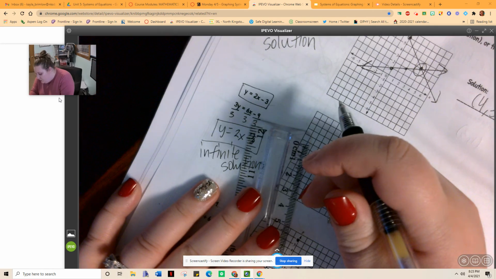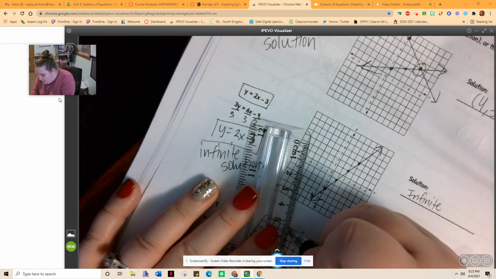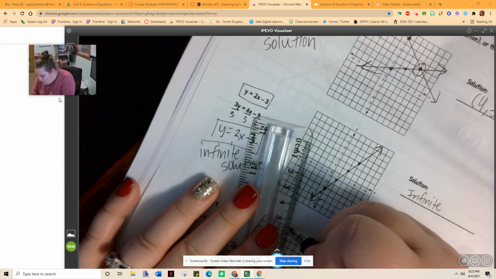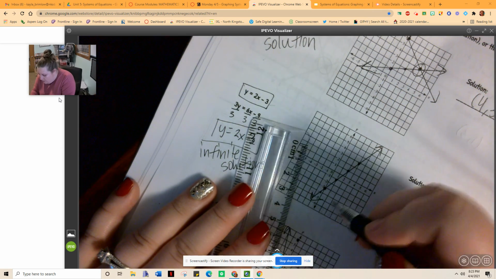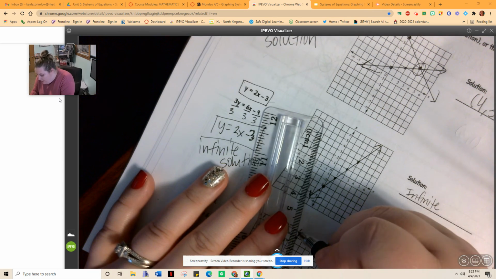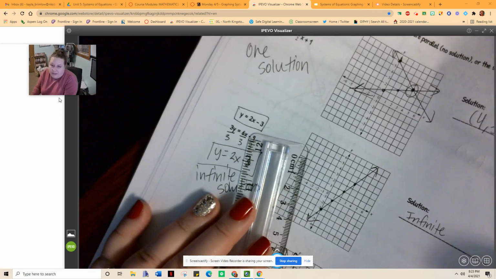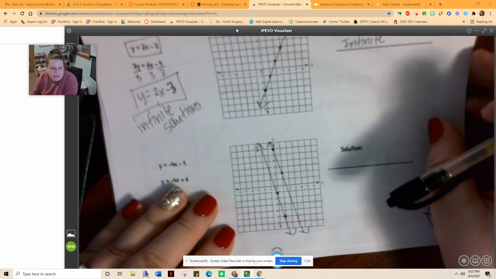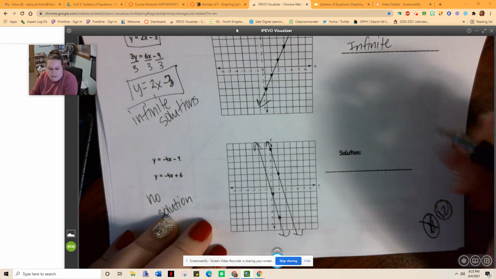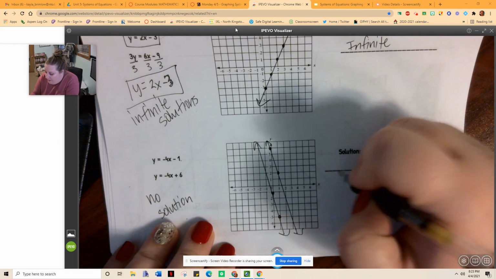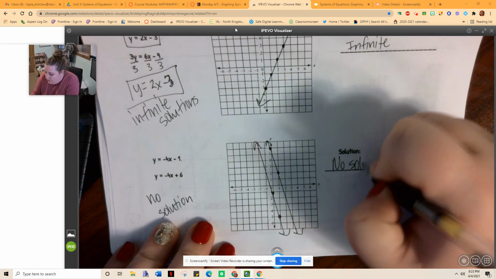So they're going to be very close to each other, but they're not going to quite overlap. If they do, that would be an error on your part in terms of drawing, which happens. These hard lines can be tricky to draw, but you can see these don't overlap. And so this has no solution.